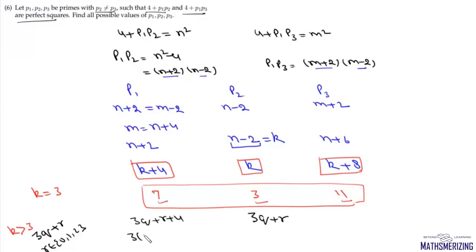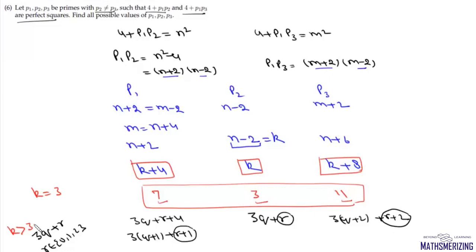So we can write this as 3q plus 1 plus r plus 1, and in the same way we can write this as 3q plus 2 plus r plus 2. Now these three numbers, r plus 1, r and r plus 2, are three consecutive numbers. So if we have three consecutive numbers, then at least one of them is divisible by 3. And when any one of them is divisible by 3, then this number can no longer be a prime number.